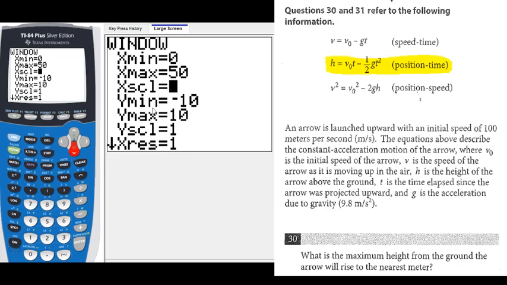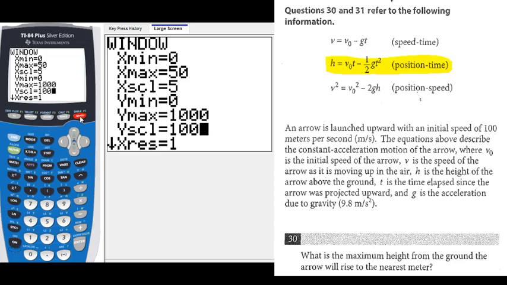X scale, normally we use that maximum divided by 10, so I use 5. For the y minimum, that will be 0 because that's the distance. Maximum, you can put like 1,000, for you to see whether you can see the maximum point or vertex on that screen of graph. Y scale just use 1000 divided by 10, it will be 100.